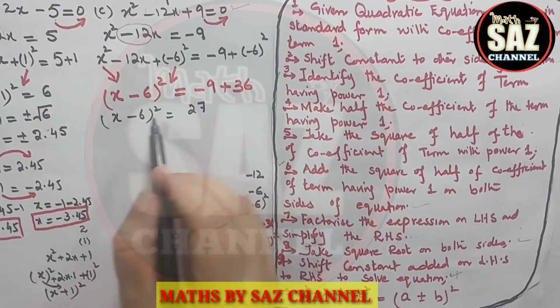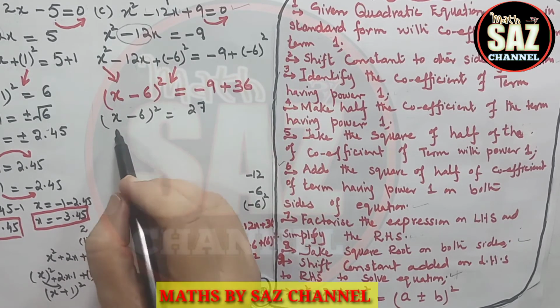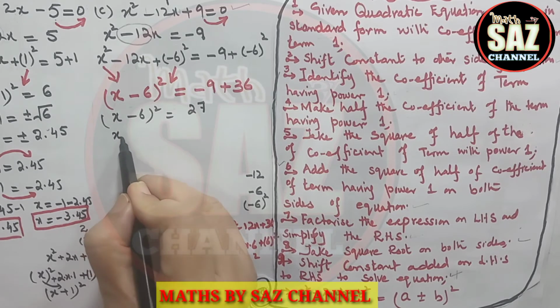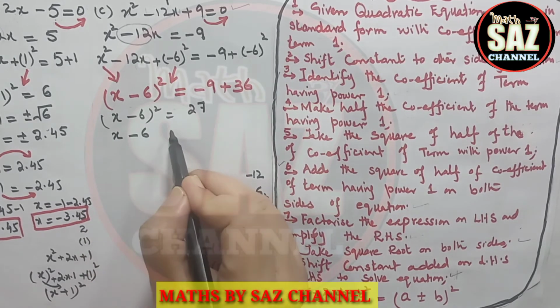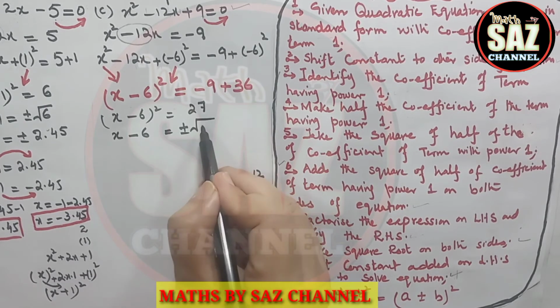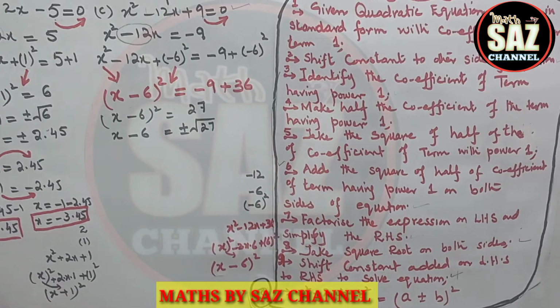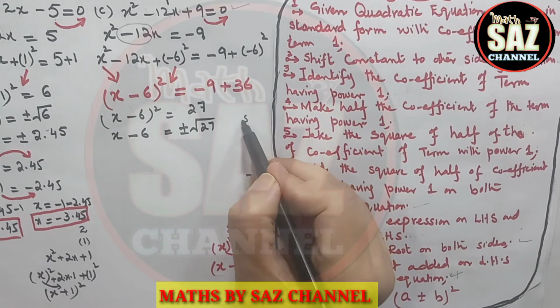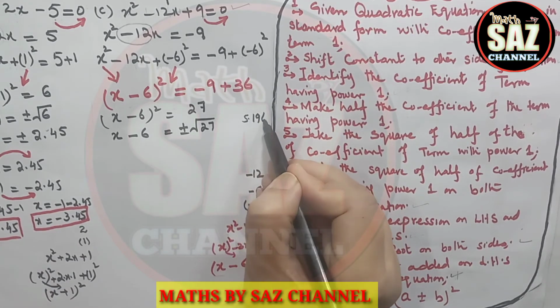In order to get the solution or the roots, I have to take the square root on both sides and the equation will take the form x minus 6 equals plus minus under root 27. Check the square root of 27 with a calculator. The square root of 27 will be equal to 5.196.